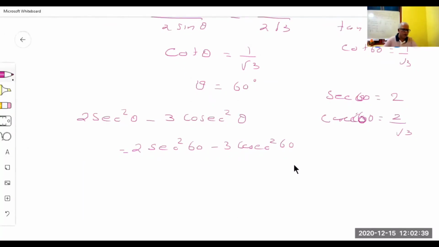You know all these things. 2 into 2 by root 3 the whole square minus 3 into 1 by 2 the whole square. That gives 8 minus root 3 and root 3 get cancelled, minus 4, and you get the value 4. The answer is 4. Right?